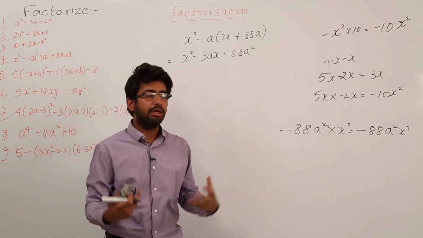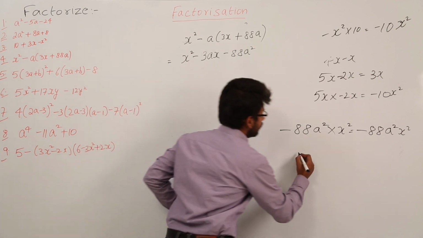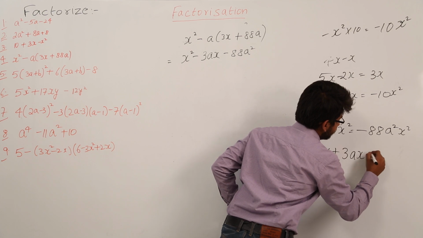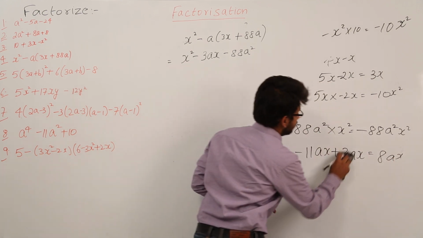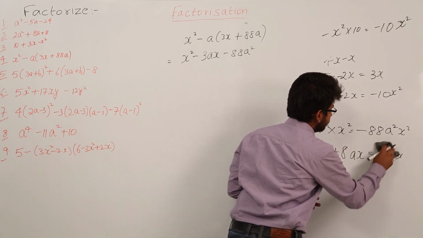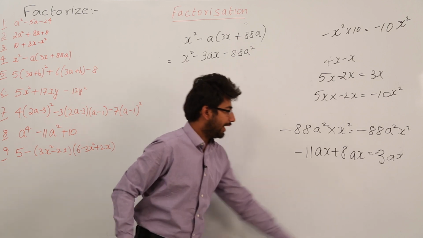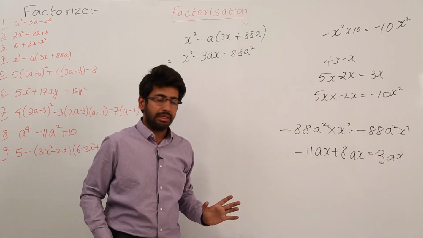And 8 and 11 when joined back can give us minus 3. How? Minus 11ax plus 8ax will give us minus 3ax, right?